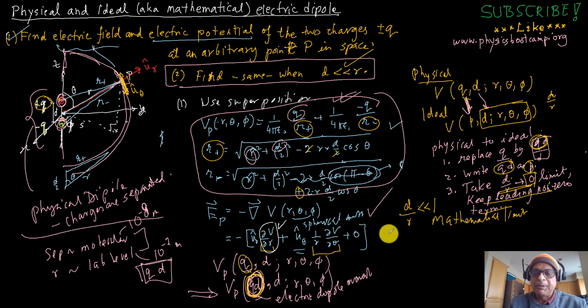Like if I take this limit and I get V of P, R, theta, phi proportional to some constant times D over R, that doesn't mean this goes to 0. We don't set it to 0. We stop at this step and keep it like that.